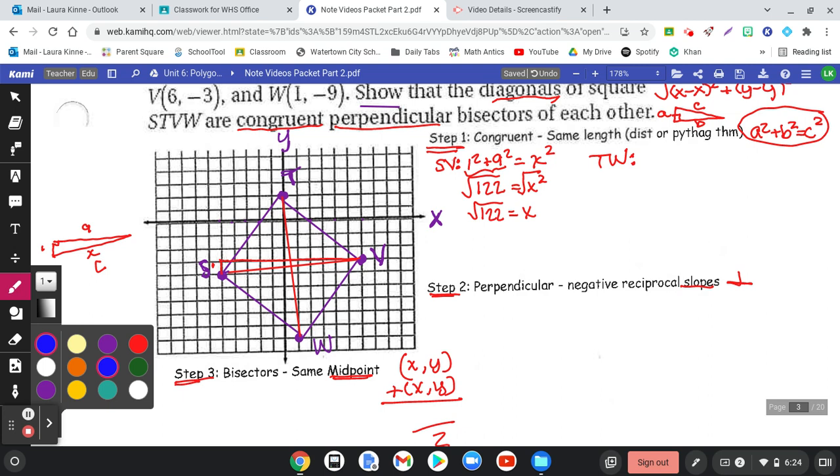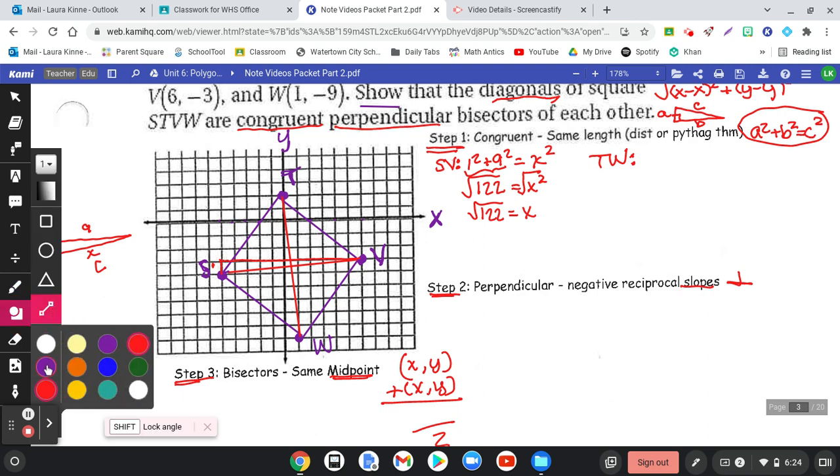All right, so TW goes from up here down to W. So if I make this into a right triangle, I'm going to go down 9 and over 1.